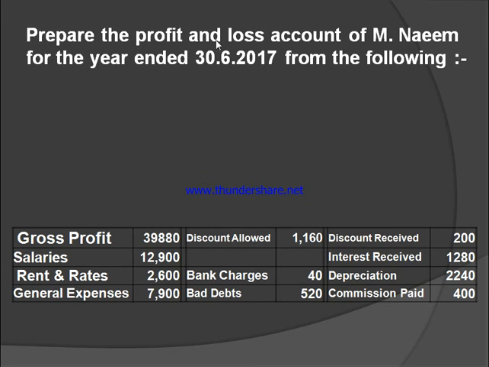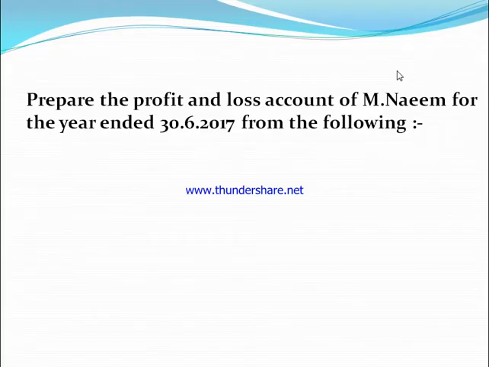How we will record these two lines in the profit and loss account, or how these two lines will be affected by the profit and loss account. Let's see these two lines recording in the profit and loss account, the way in which these two lines are recorded.